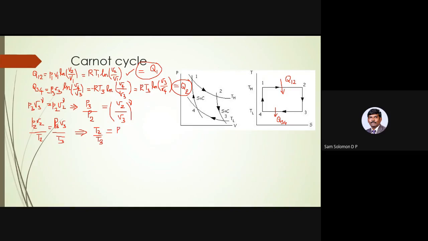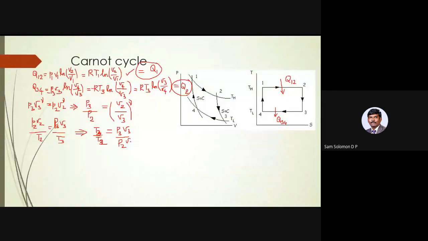Let me say T3 by T2. So that would be P3 V3, so this is T3, and this is P2 V2.